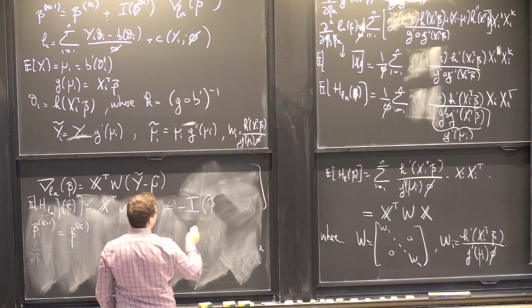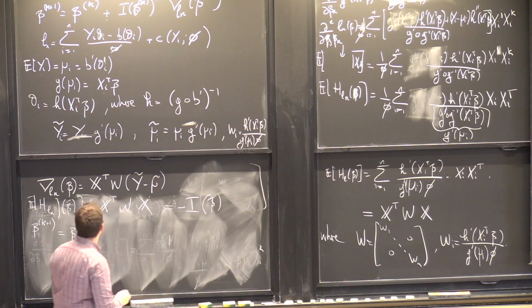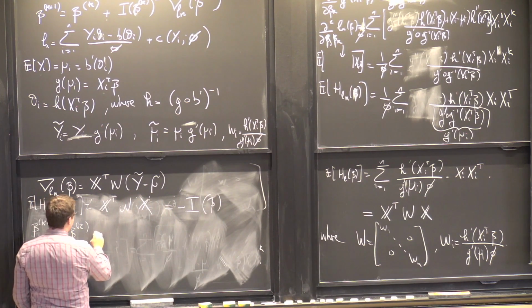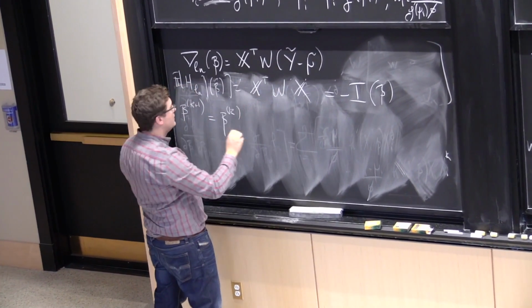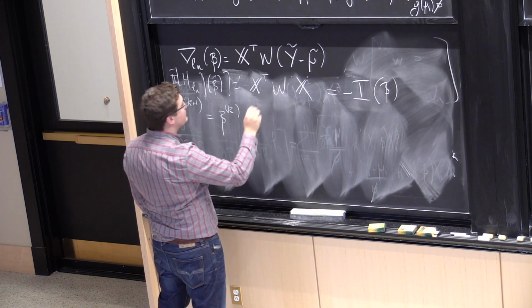And beta here shows up in W, right? W depends on beta. So that's going to be beta k. So let me call it W k.